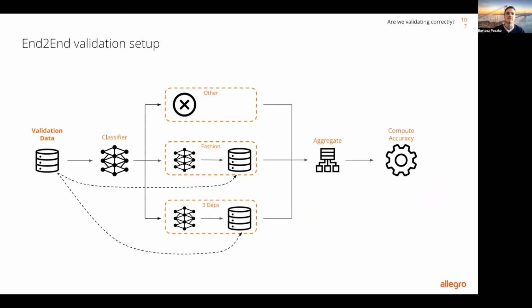The main difference is that we do not use the entire Allegro production database, but rather we create smaller ones from validation data. Each of them contains only images from offers that match its supported offer range. They are, however, often still larger than individual validation datasets for each department.